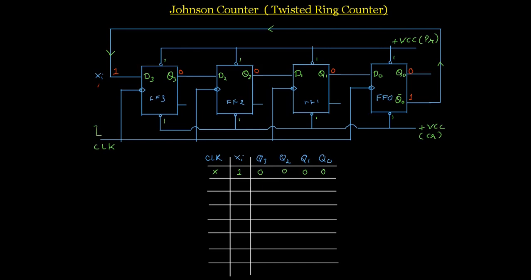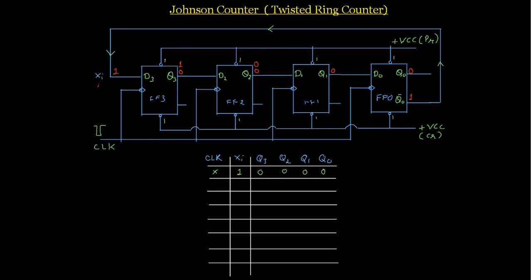Then at the negative edge of this first clock pulse, whatever the input to flip-flop number 3 is, that is 1, it is transferred to Q3. Flip-flop number 2 input is 0, it will be transferred to Q2. Same way, the input of D1 will be transferred to Q1 and D0 will be transferred to Q0. So the input to D3 is 1, so this output will be 1.